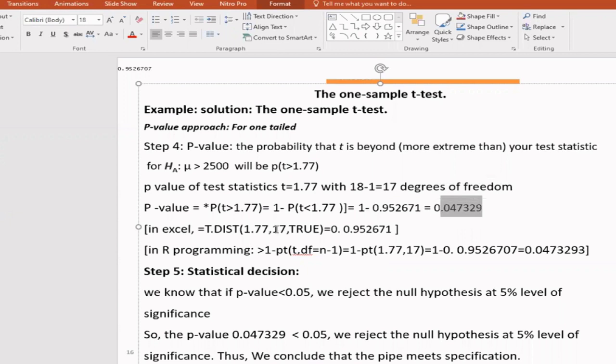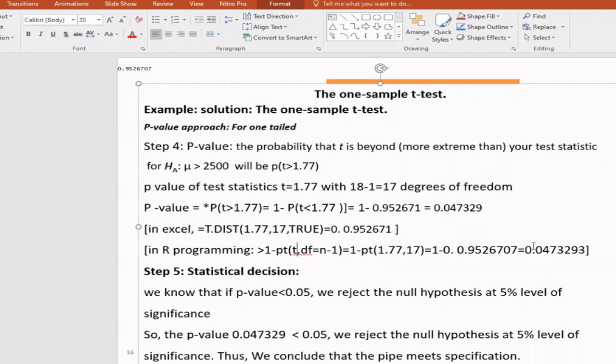If we use R programming, we need 1 minus pt, the value of t as it is; no need to take the absolute value. We give the degrees of freedom, and we'll get the same value, 0.047.